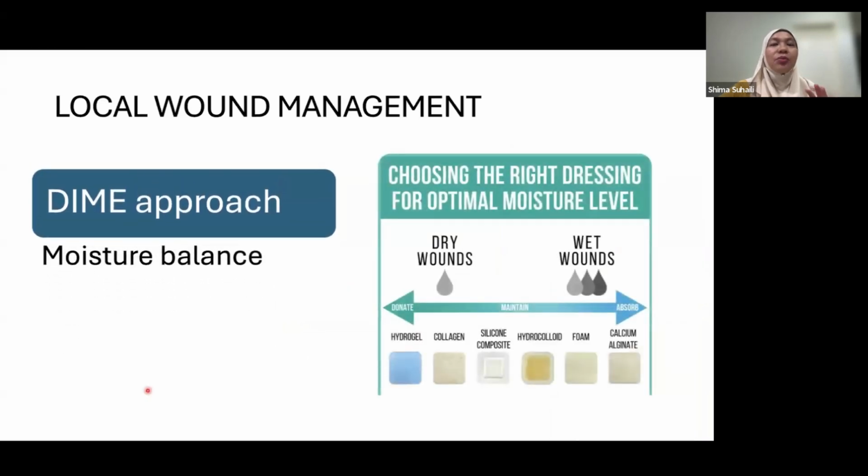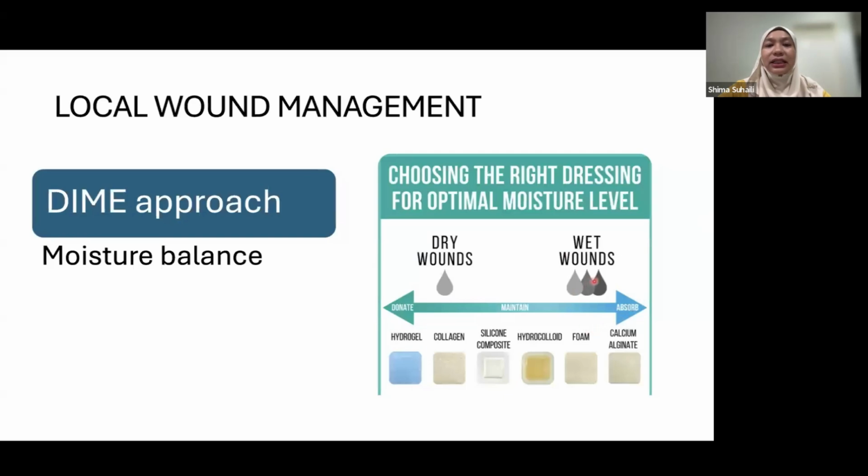So from your moisture assessment, you have to choose which modern dressing, or any type of dressing, we can use to help the wound achieve a moist condition.